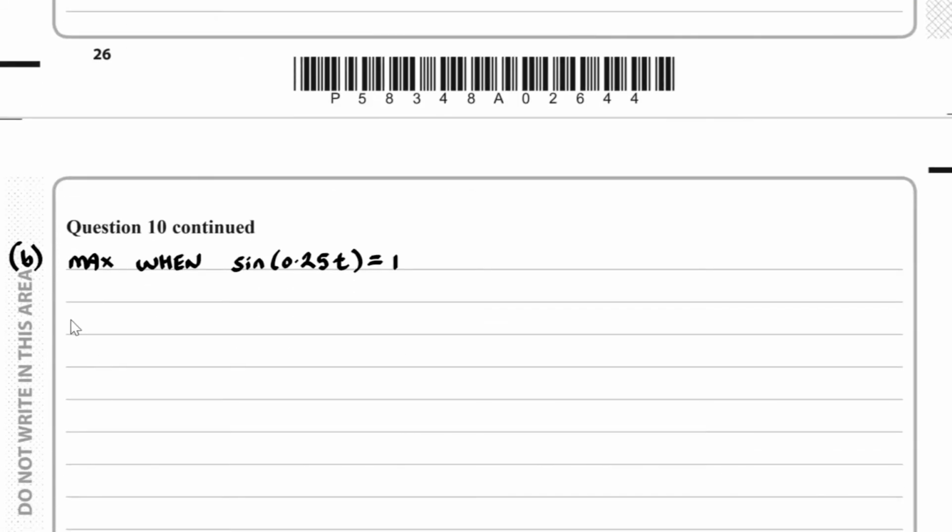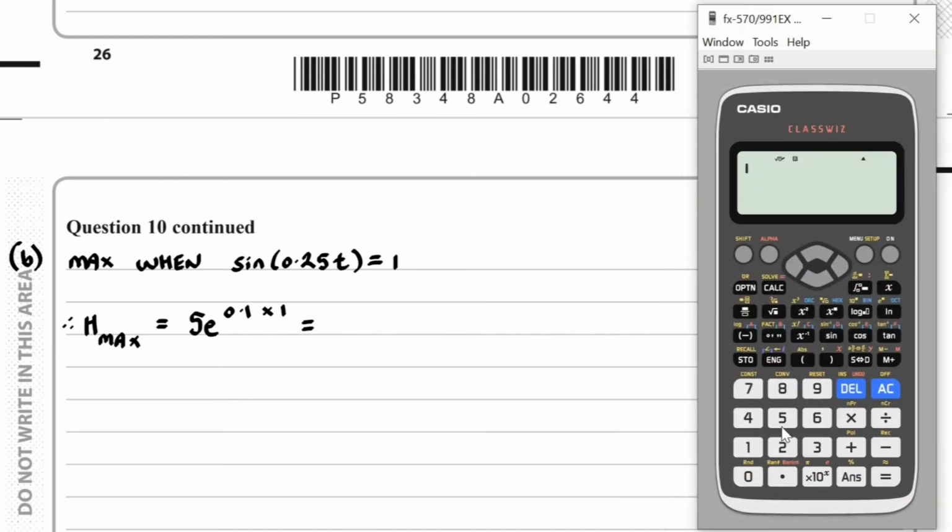And so therefore, h max is equal to 5e to the 0.1 times 1, and if I work out what this is to three significant figures, 5e to the power of 0.1, that's 5.53. So we have 5.53 meters given to three significant figures.